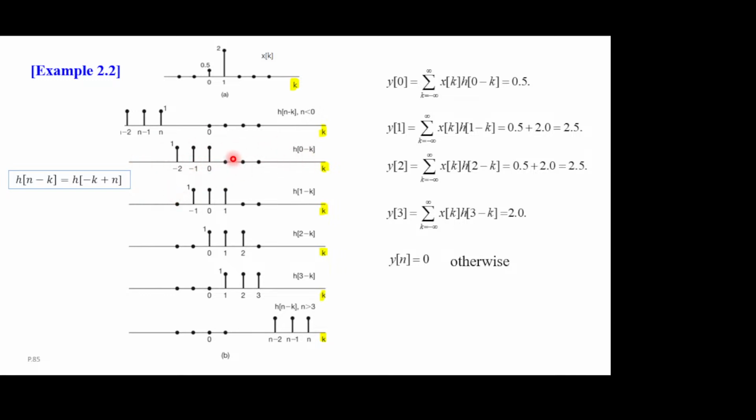So this is your h of minus k, where it was 1, 1, 1 from 0 to 2, and now it's 0 to minus 2. So your h of 0 minus k looks like this. Then you can just multiply this signal with your s of k. And you see a lot of them are 0, so they only overlap on this 0.5 and 1 here.